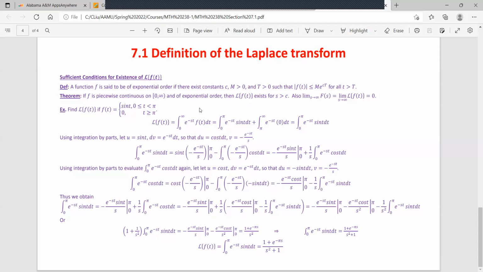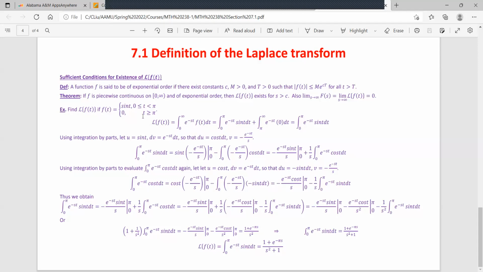Then let's just evaluate it. Okay, if it does not exist, then there's no point to even start to evaluate the Laplace transform. So according to the definition of the Laplace transform, it's e to the negative st times f(t) integrating from 0 to infinity.